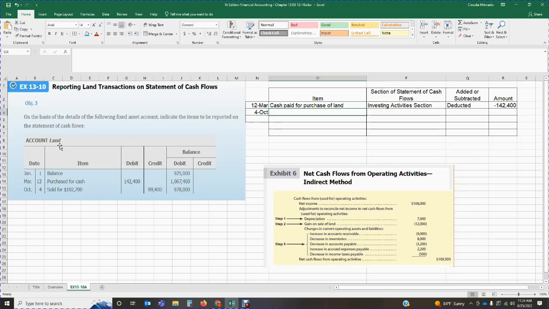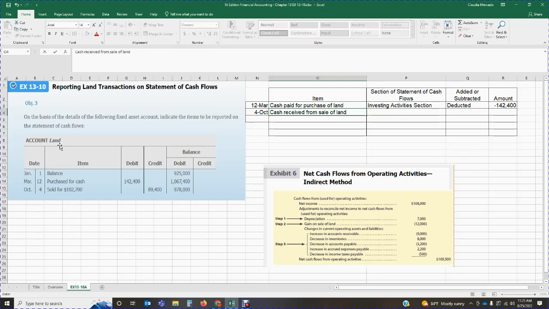Am I interested in what is happening to my land account? Not right now. I'm interested in knowing what is happening to my cash account because of this transaction. So, I sold a piece of land and I received $102,700. Is that going to increase or decrease my cash? So here we have cash received from sale of land.